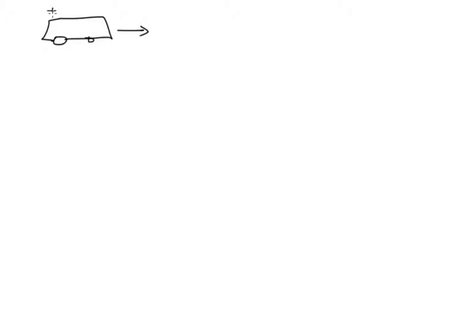Well, let me write it up here. So it's going positive 20 meters per second to the right, and after a while, it is at 50 meters per second to the right, and I'll even tell you the acceleration. It was accelerating at a rate of 5 meters per second squared. And what are you going to say in your head?